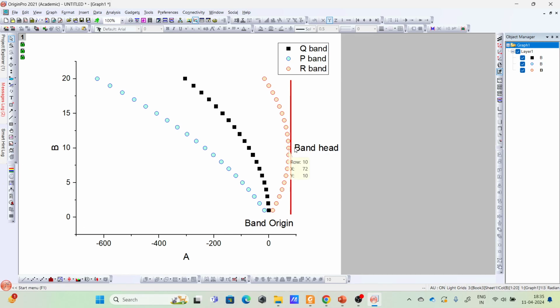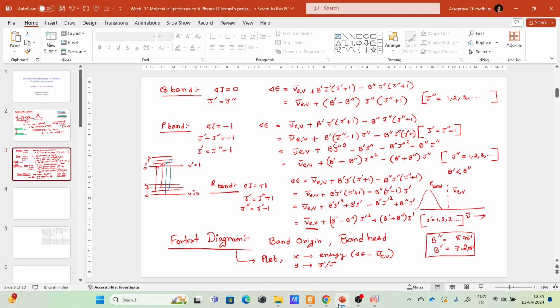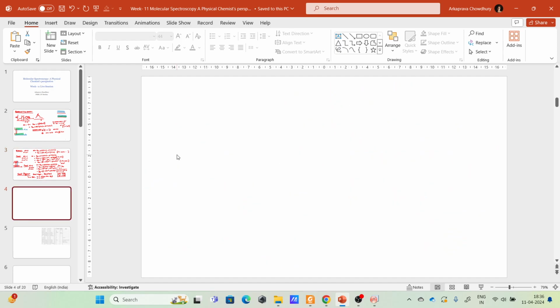So this is your band head. At band head, I'll show you what I'm trying to say here. So at band head, what does your R band refer to?